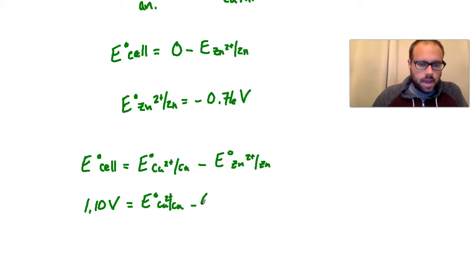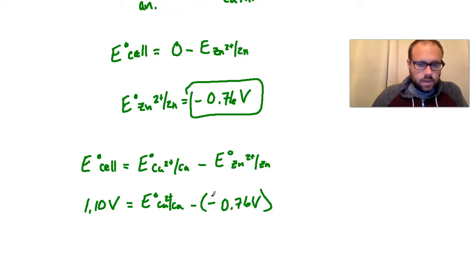So if I wanted to solve this, it's 1.1 volts equals the E for the copper relationship minus a minus, because this is a minus here and then this value is negative itself. So it's a minus 0.76 volts. So we make that a plus, and if that's a plus, that means it becomes a minus when I get rid of it on this side, so it would be 0.76 volts.